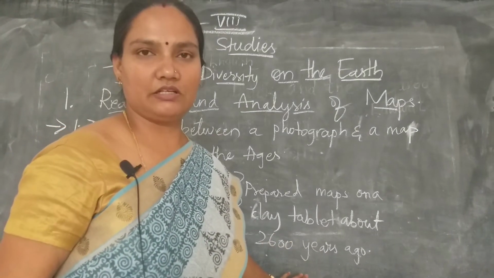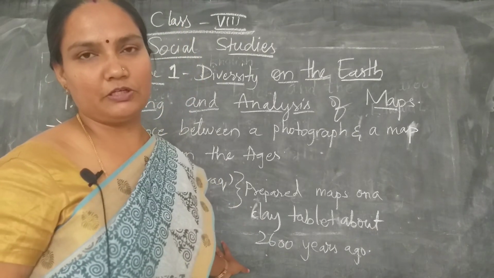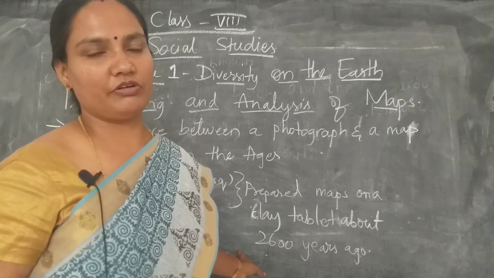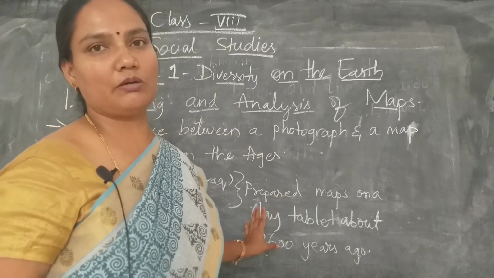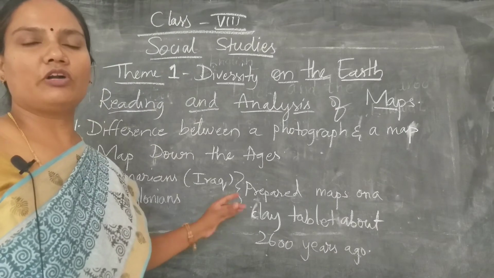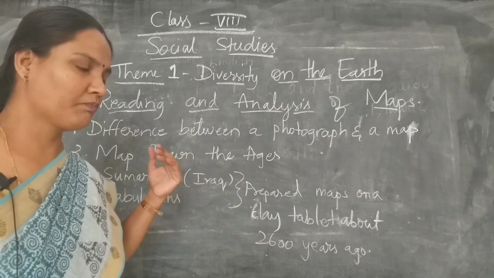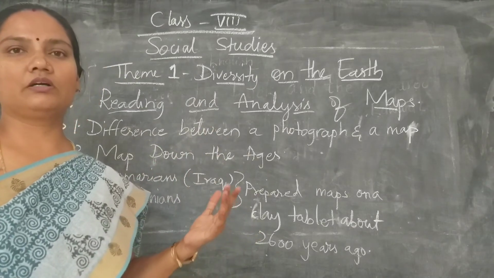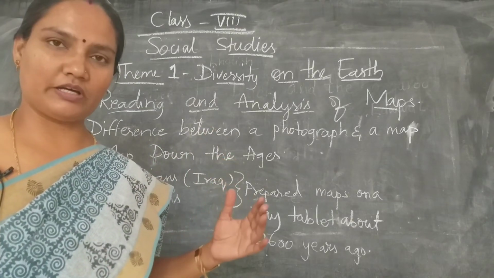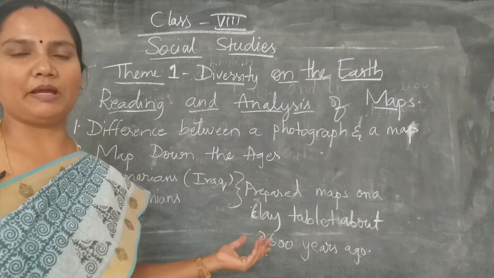After this, Babylonians and Sumerians, and even Greek people also showed a lot of interest in knowing more about the world, about other countries, because they wanted raw materials, they wanted to conquer new places, and they wanted to take the resources of other countries. For that, to know the routes, they required maps.